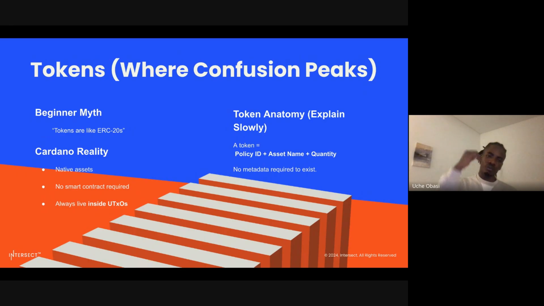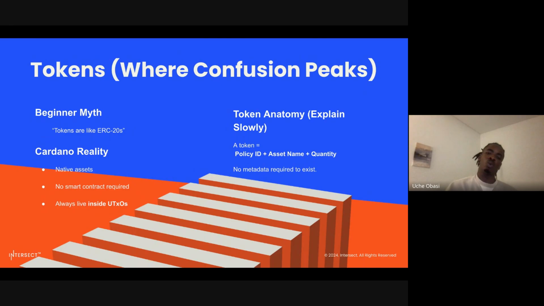There is this beginner myth: people, especially beginners, think tokens are like ERC20s. But in reality, especially on the Cardano blockchain, tokens are native assets, and no smart contract is required. And tokens always live inside UTXOs.